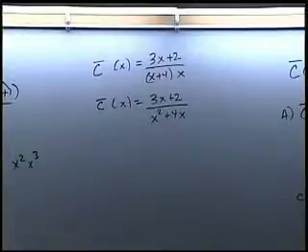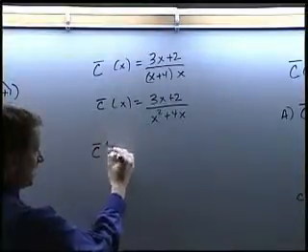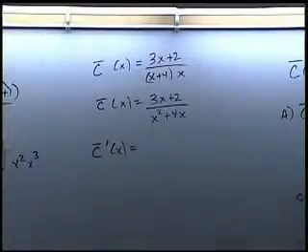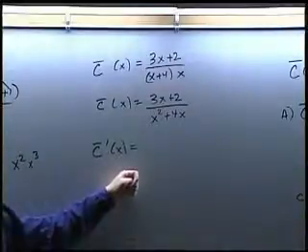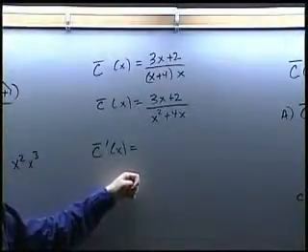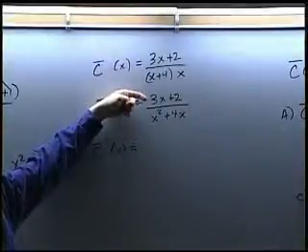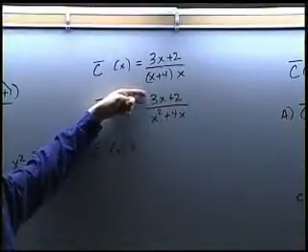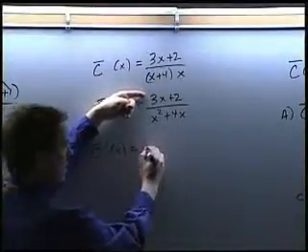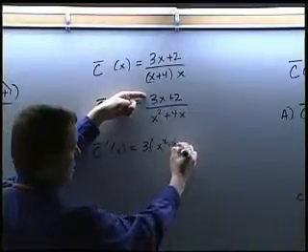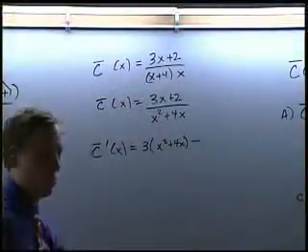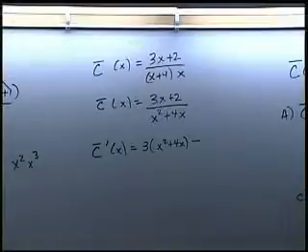All right, now let's take the derivative of this. How do we take the derivative of a quotient? Start with the derivative of the numerator, which is 3, times the denominator. The quotient rule has a minus sign in it.